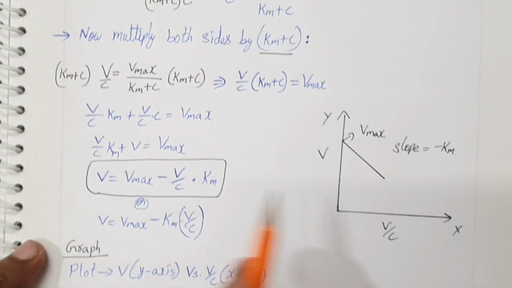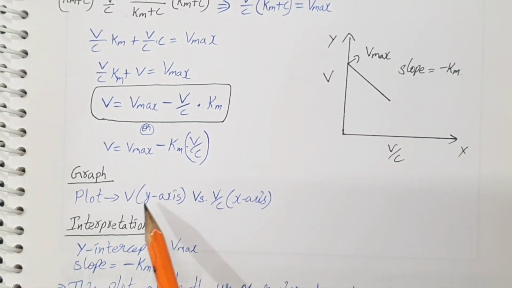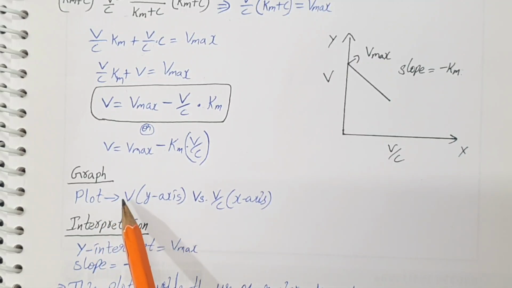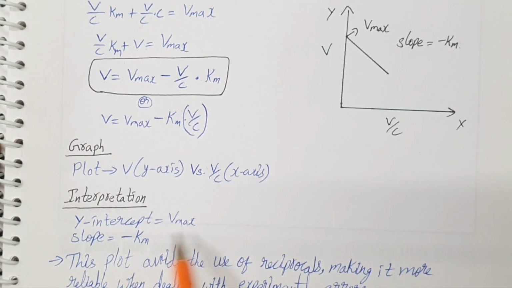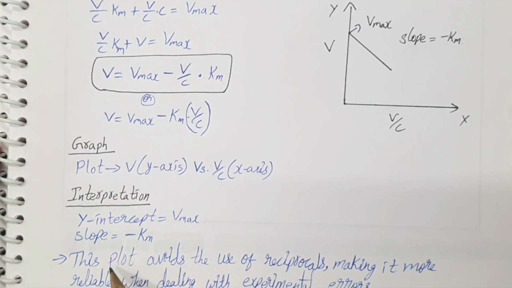Hope you are getting this. Now we have to plot the graph. On the y-axis take V, and on the x-axis take V by C. So our y-intercept here is Vmax and slope is minus Km.